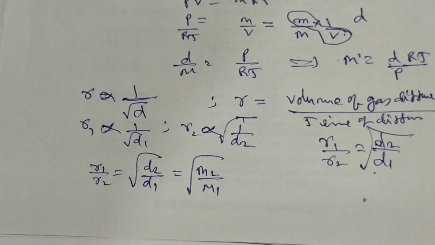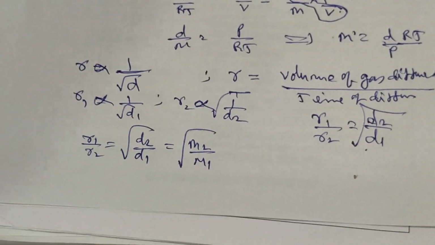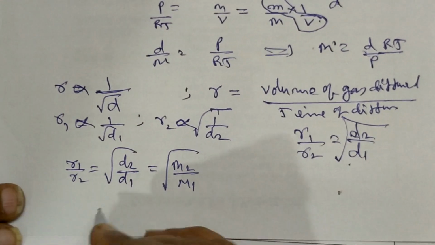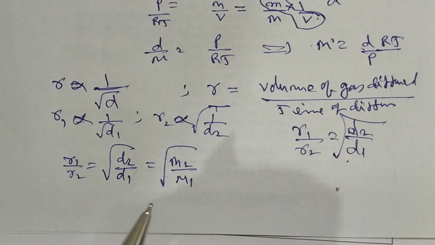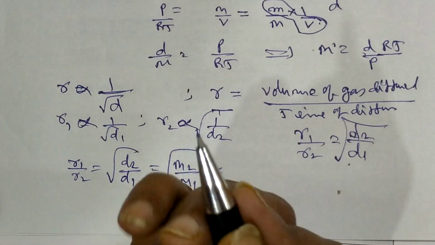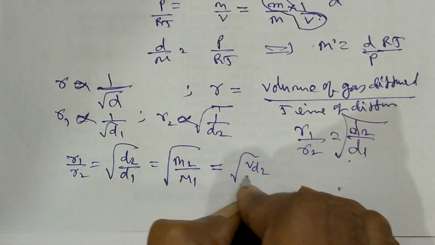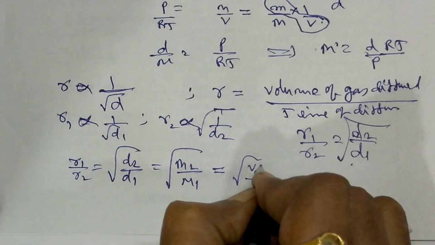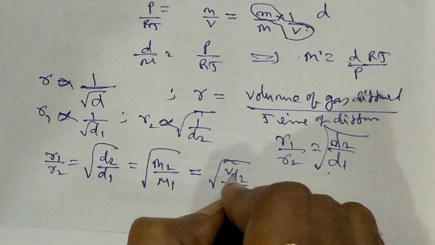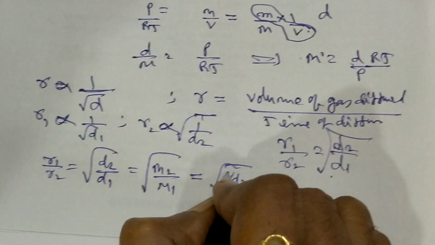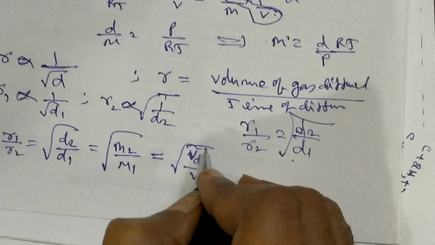This can be further expressed in vapor density also. The vapor density is half of the molecular mass, so the half cancels on top and bottom. It can be written as root of Vd2 by Vd1, where Vd is not volume but vapor density, which is half of the molecular mass.